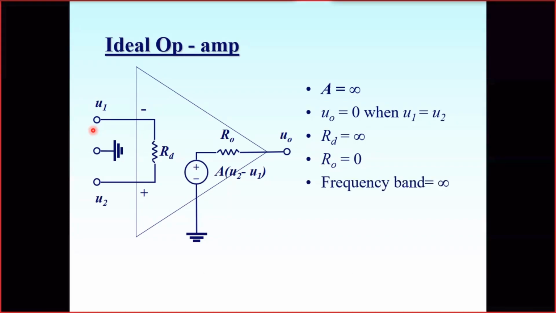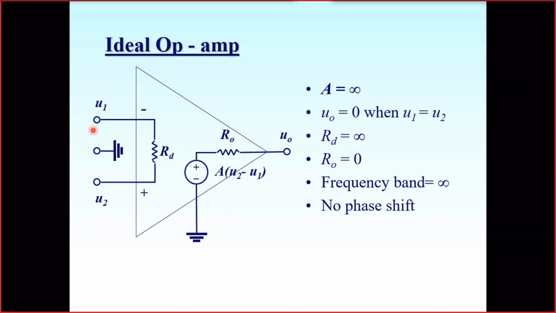We consider the frequency band of the amplifier infinite. It means that we presume that the gain and other parameters, but mainly the gain, don't depend on frequency. What is actually not the case, and here we will have a dependence on frequency. And the same, we presume that we have no phase shift.